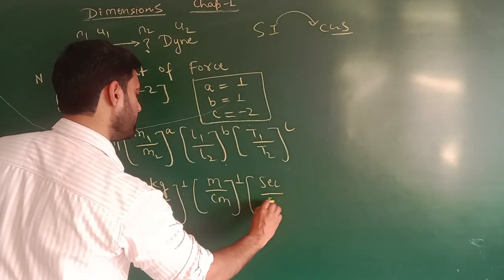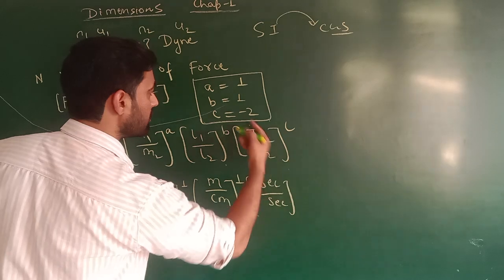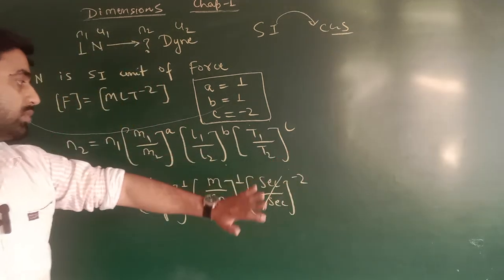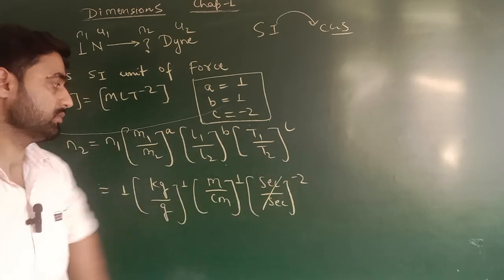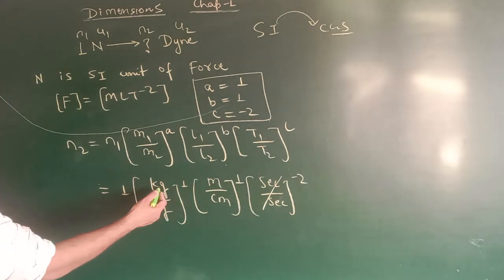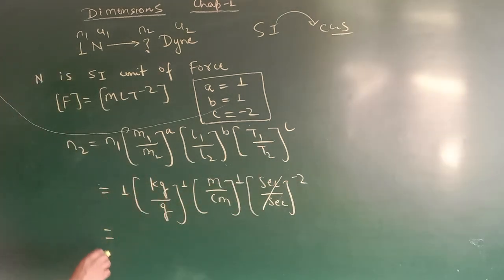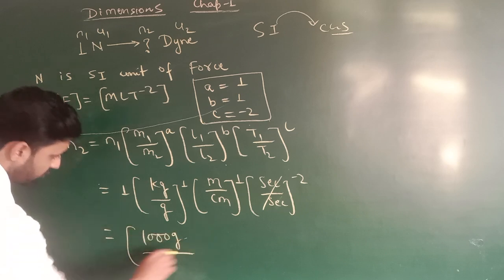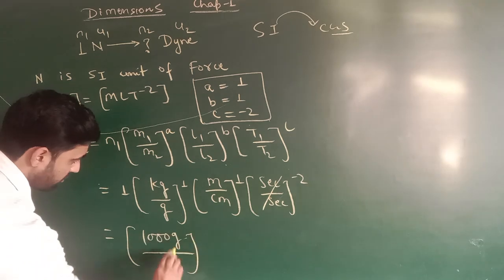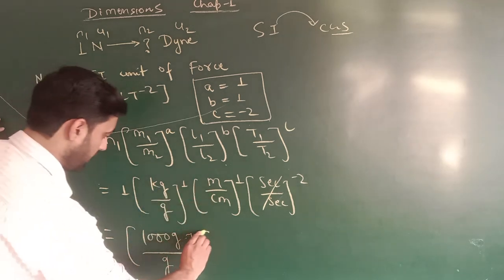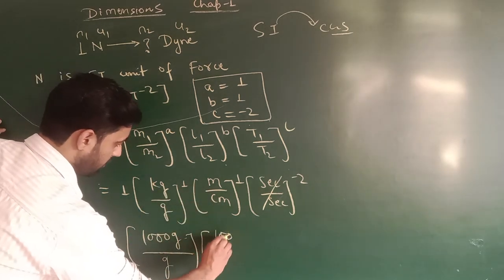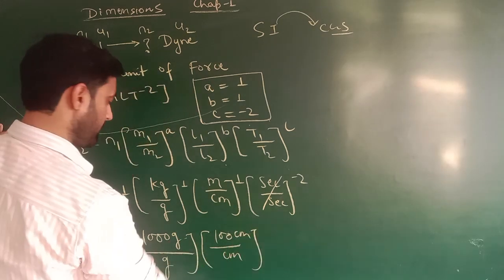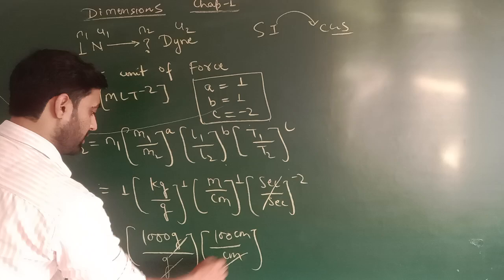Second upon second, power minus 2. That is again second by second equals 1, power whatever again makes 1. So let's convert kg to gram. 1000 grams means 1 kg. Power 1, I am not writing that. 100 centimeter upon centimeter. Gram to gram cancel, centimeter to centimeter cancel.